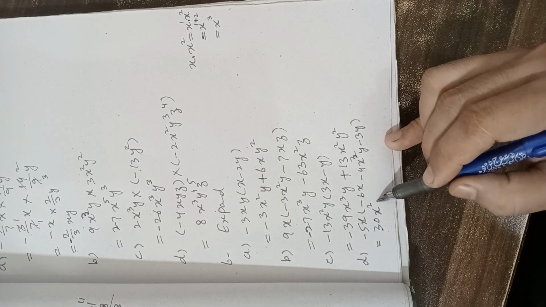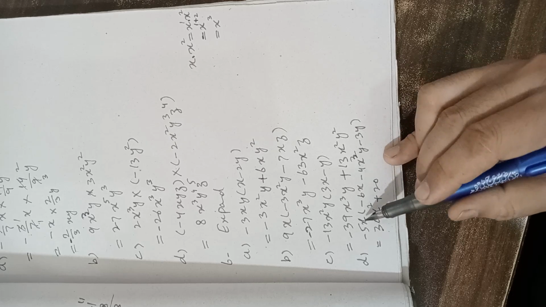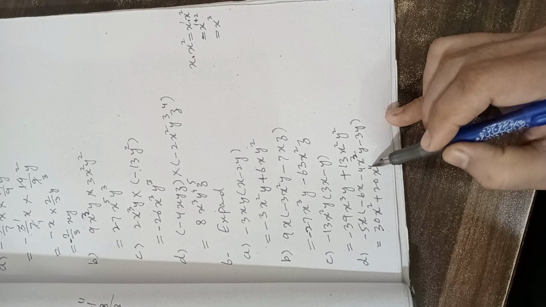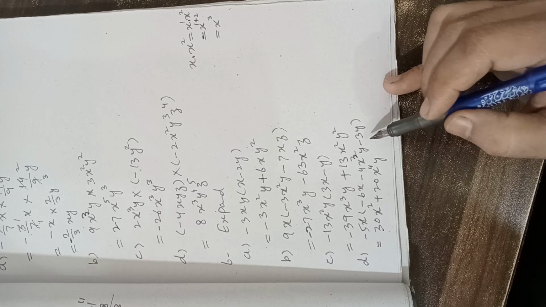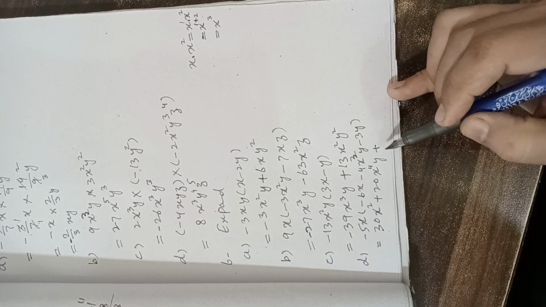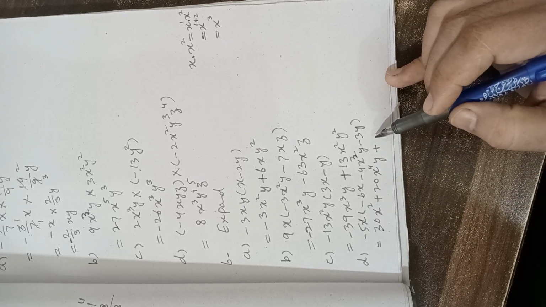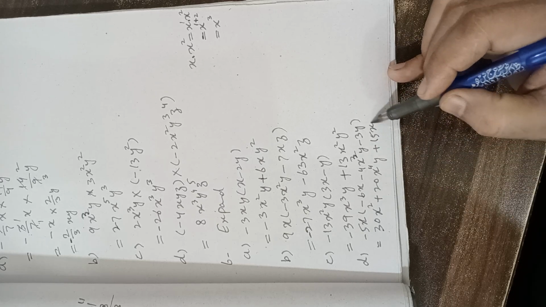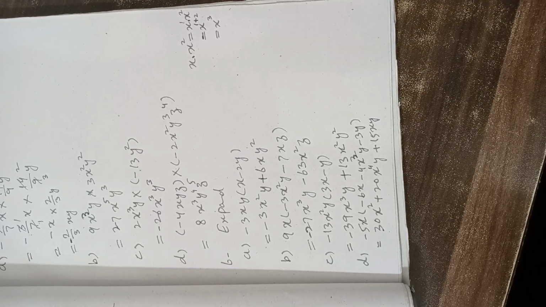Then this minus sign will change into plus sign, and 5 multiplied by 4 is 20, x multiplied by x cube, it will become x degree 4, and y is also here, we will write it as such. Then minus, due to this minus sign, inner sign will change, it will become plus, and 5 is multiplied by 3, 5 3s are 15, and x multiplied by y, xy. This is the final answer of D part of question number 6.